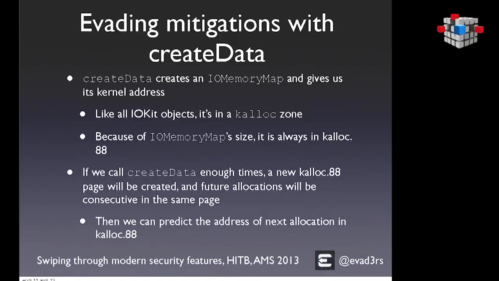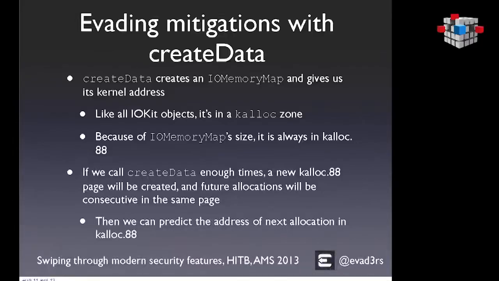for a future call. And so what you do is a little bit of massaging. You call create data enough times to make sure that you're in a nice clean page. You've used up all the existing space in the current page for that zone size, and now you're somewhat into a brand new page.